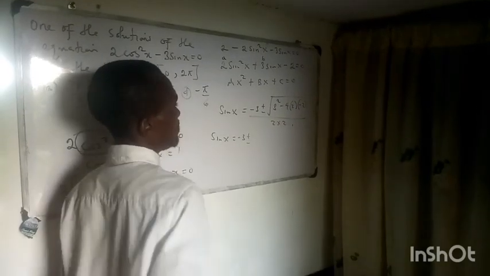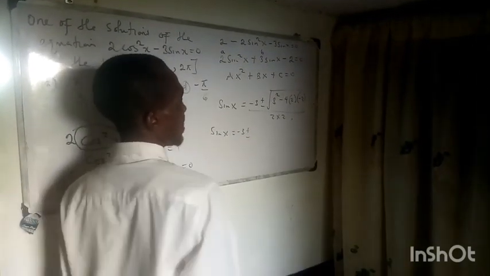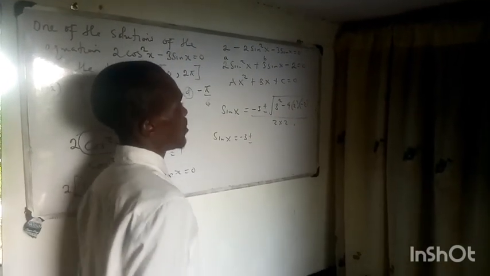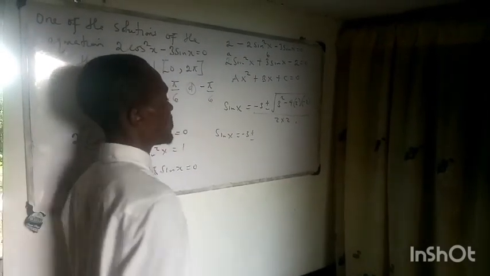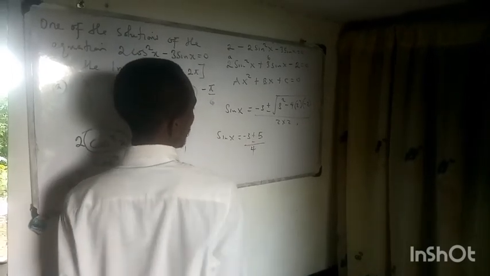So this is 9 plus 16, that gives us 25. Now root 25 is 5, and then we have over 4.